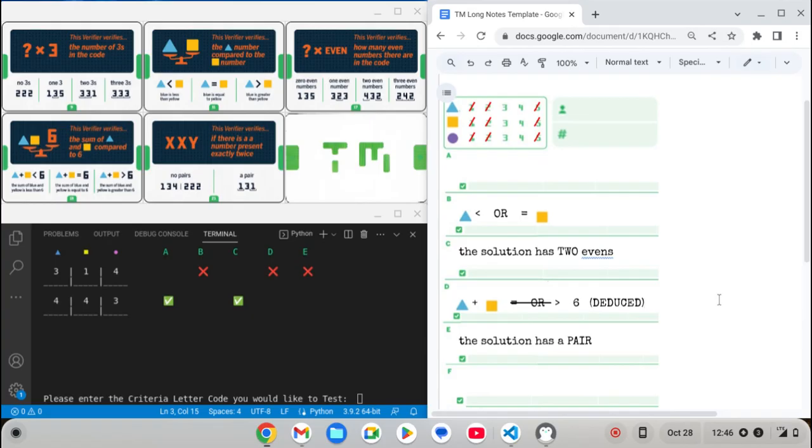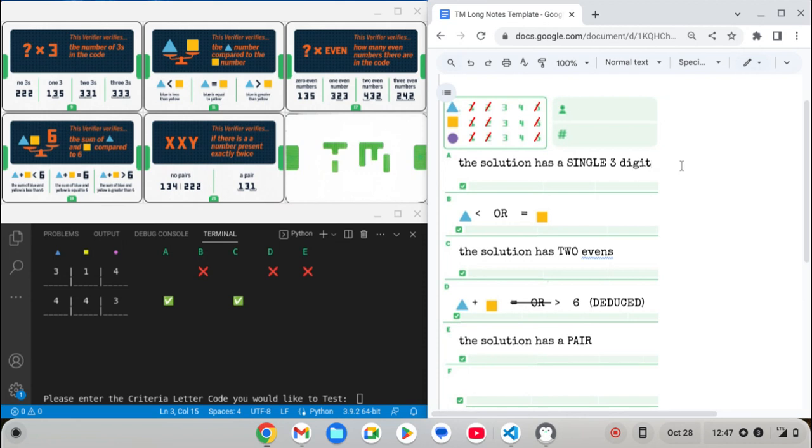Okay, and oh yeah, I forgot to add the note for section A, that the solution has a single 3-digit.